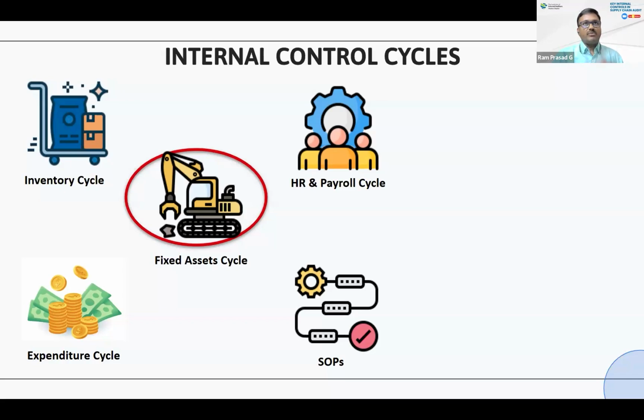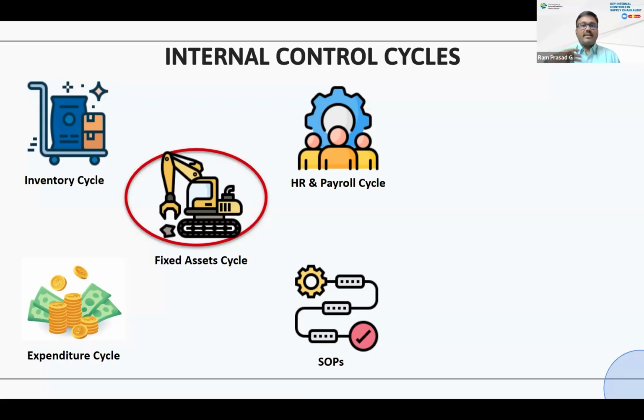The team checks some key parameters, which are key control areas already provided to them, and they certify back. Similar to the HR and payroll processes, the expenditure cycle and the FA cycle, we have a robust checklist which gets prepared and we circulate it to the department heads, who in turn do a self-assessment and come back with their observations about how that particular control is working.